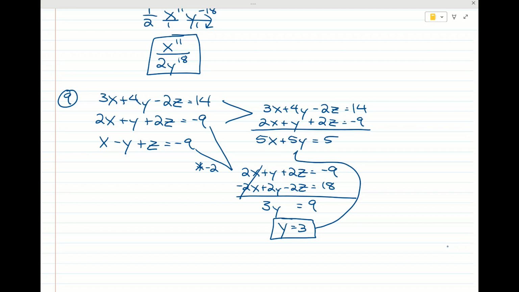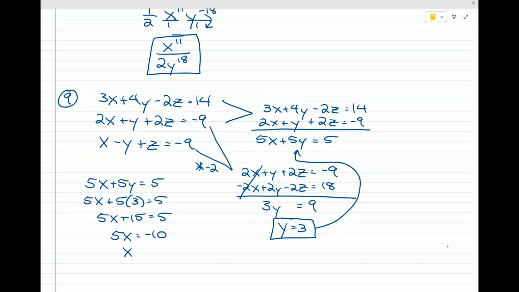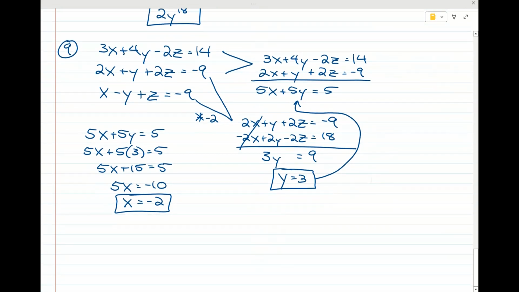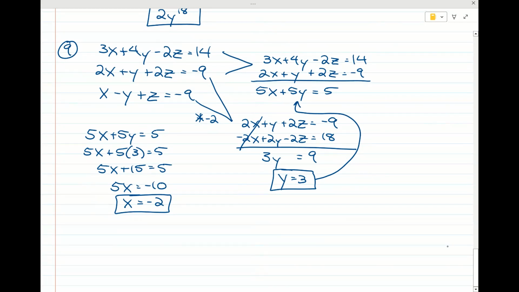If y is 3, we could put it in over here. So instead of 5x plus 5y is 5, we said that y was 3. We get 5x plus 15 is 5, so 5x would be negative 10. X would be negative 2. And then to finish this up, we could solve for z by plugging x and y into one of the other equations.